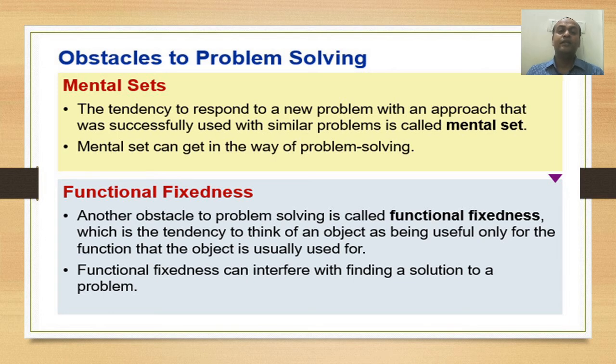Next is functional fixedness. This functional fixedness is also taken as the set utility of a particular object, right? For example, if you have a stick, and you have always used it as a wicket in cricket, you will understand that the stick of that height, of that particular kind, can only be used as a wicket.